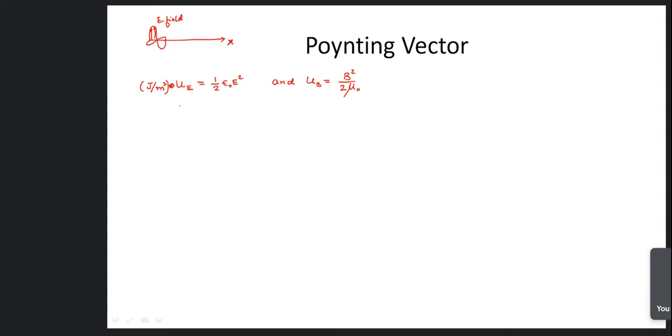So that means total energy density associated with both the components, which is the energy carried by electromagnetic wave per unit volume, is the sum of these two energy densities. It is half epsilon naught E square plus half B square divided by mu naught.